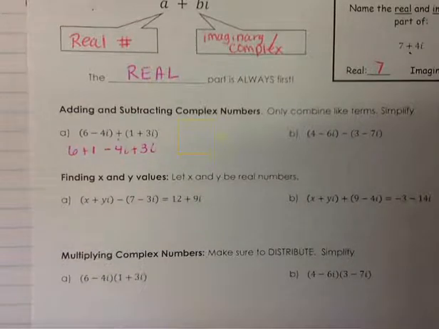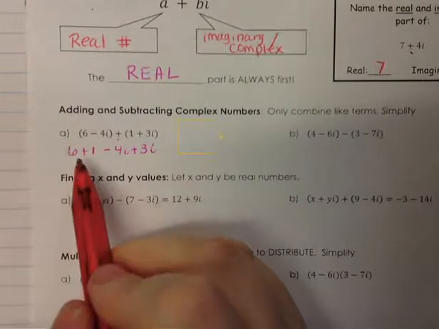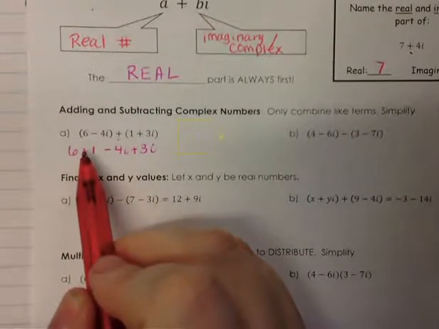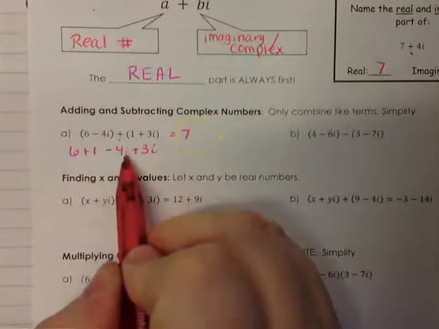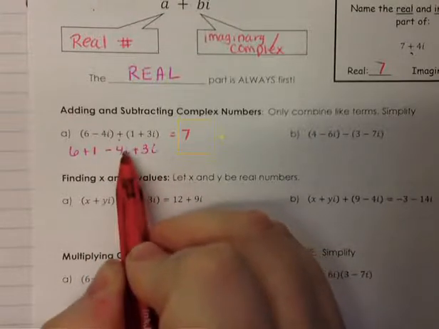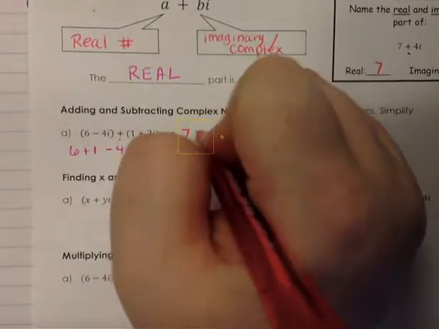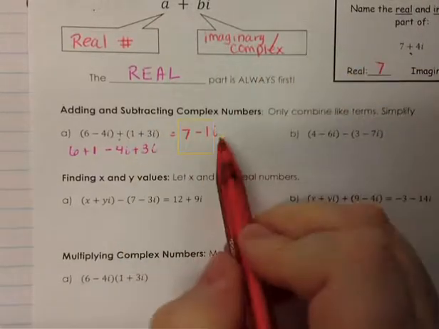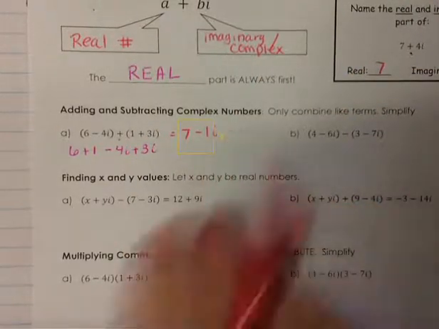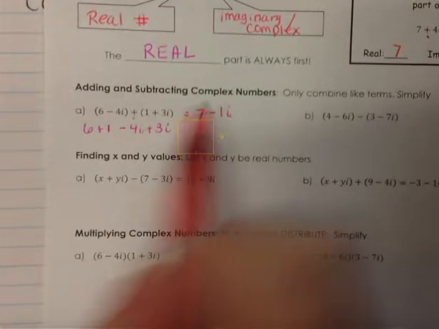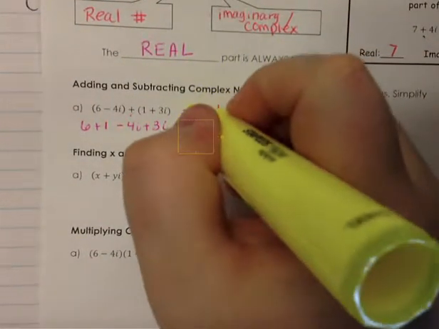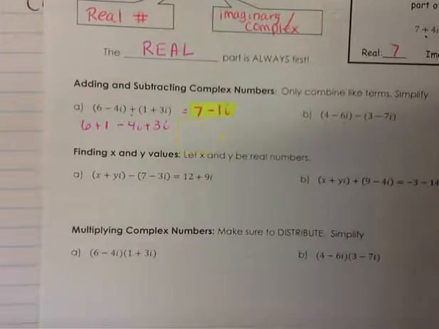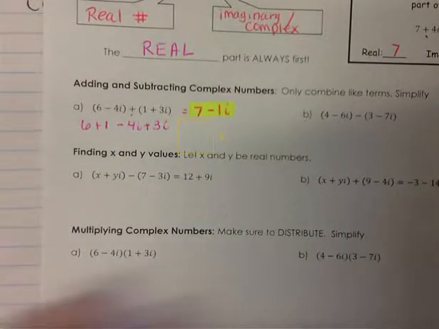And now we just combine our like terms. So the real part is 6 plus 1 is 7. Then we have our imaginary part, which is the -4i plus the 3i, which is a -1i. Now, i to the first stays as i. i to the first is just i. So this is our final answer: 7 minus 1i. You can also see it as 7 minus just i. 7 minus i is the same thing.